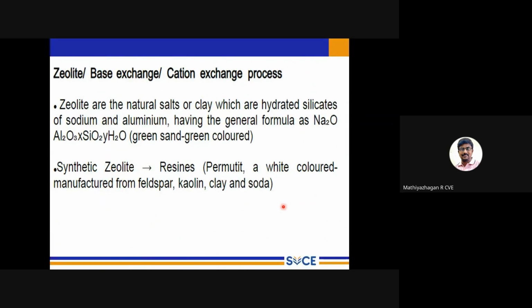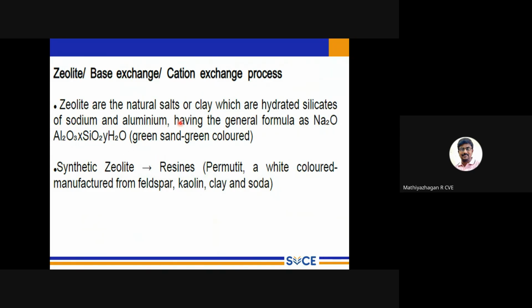But using zeolite or any similar base exchange method, we can achieve up to 0% hardness. Zeolite is a natural salt, or we can artificially make it as zeolite resins.